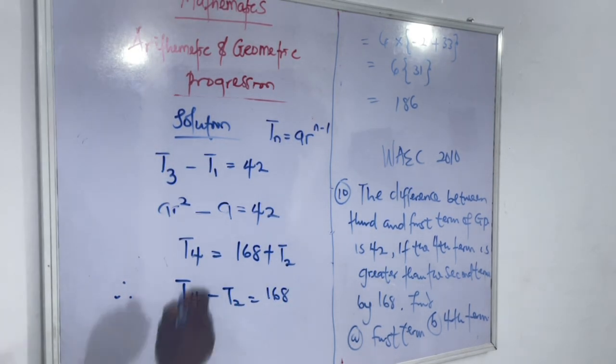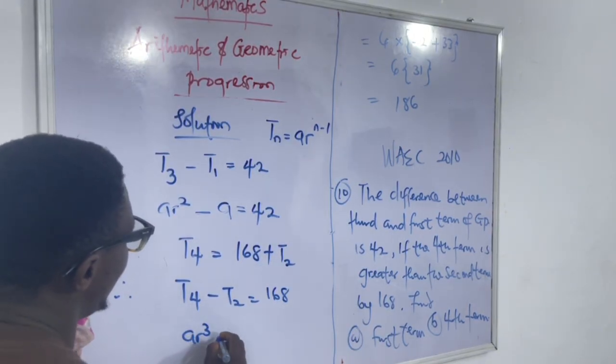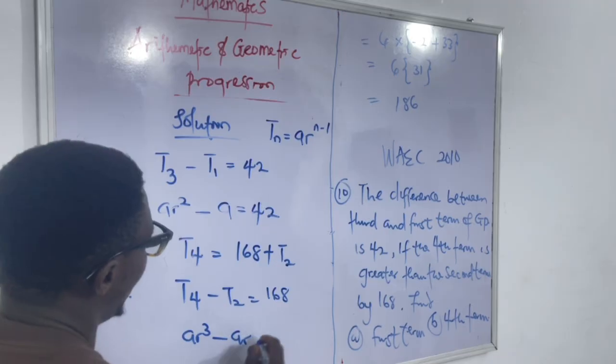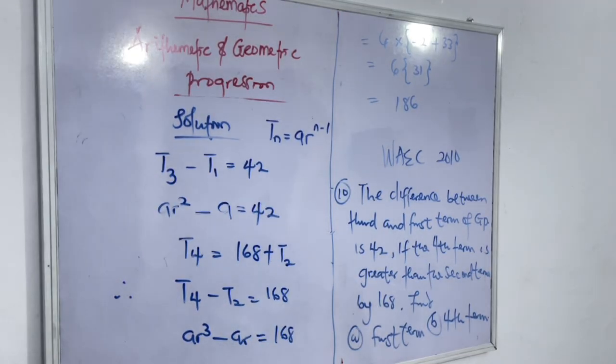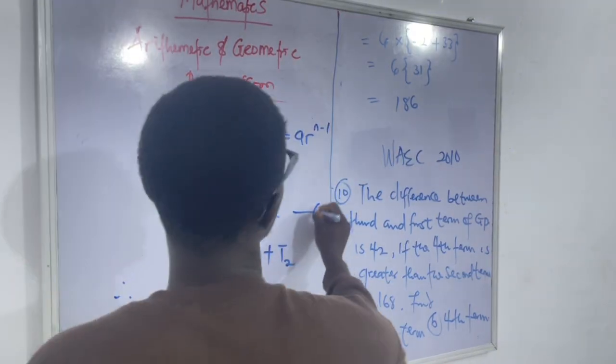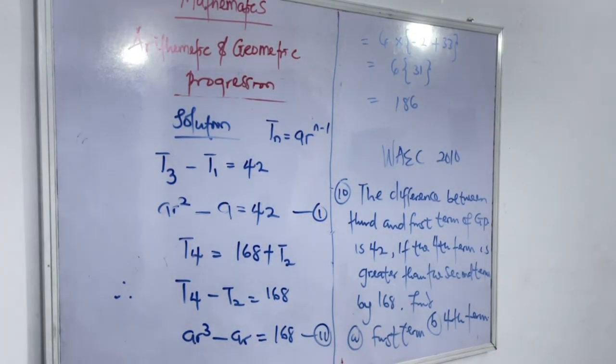Are we together? So T4 is ar raised to power 3, minus ar, equals 168. Now we have two equations.